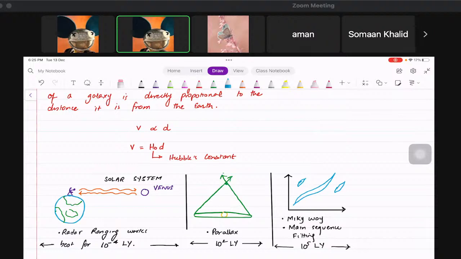Then we study nearby galaxies. Let me just put it here. So nearby galaxies which are basically 10 raised to power 7 light years away, and there we use Cepheids.